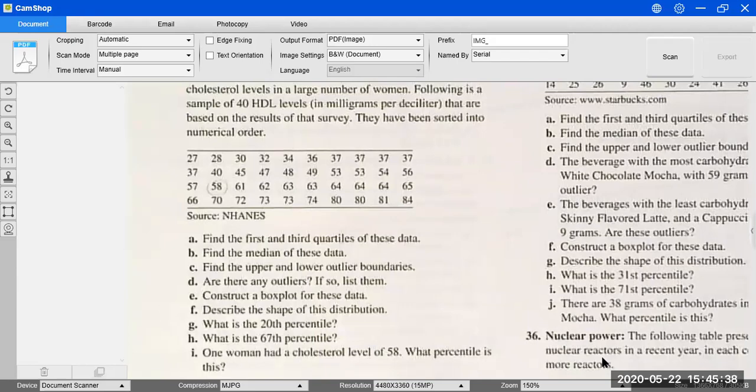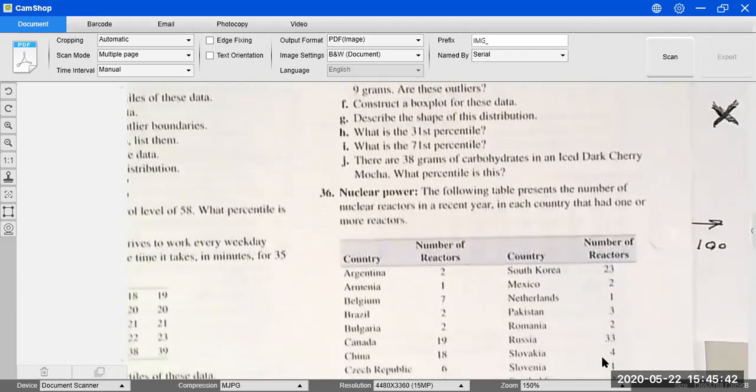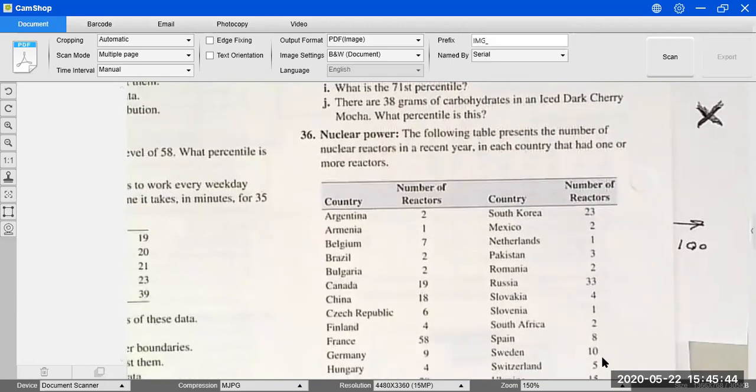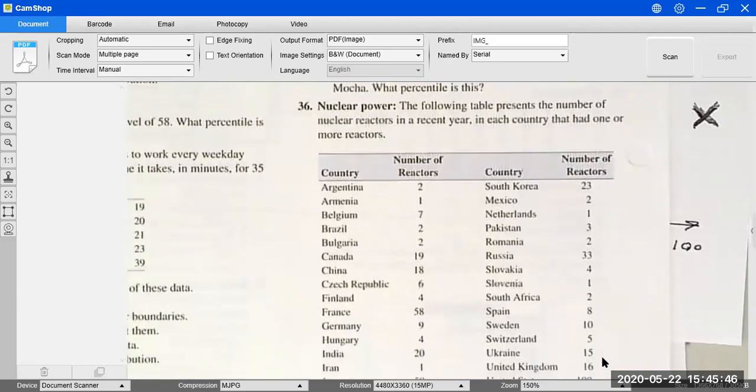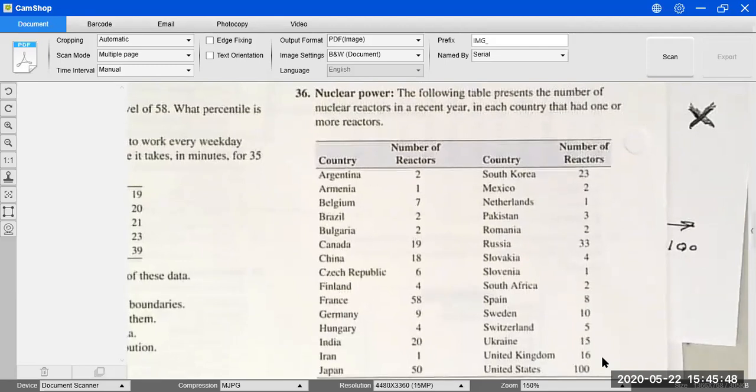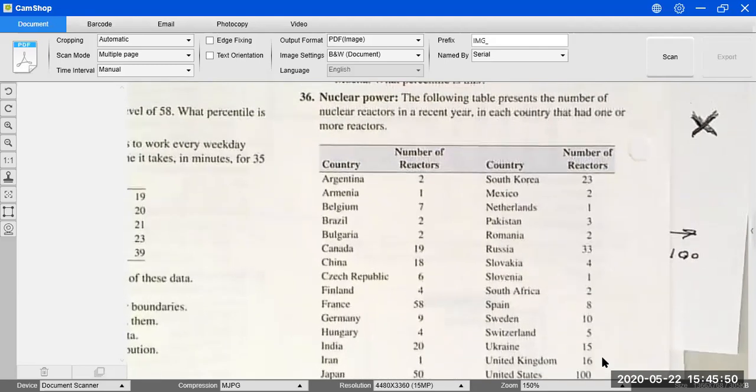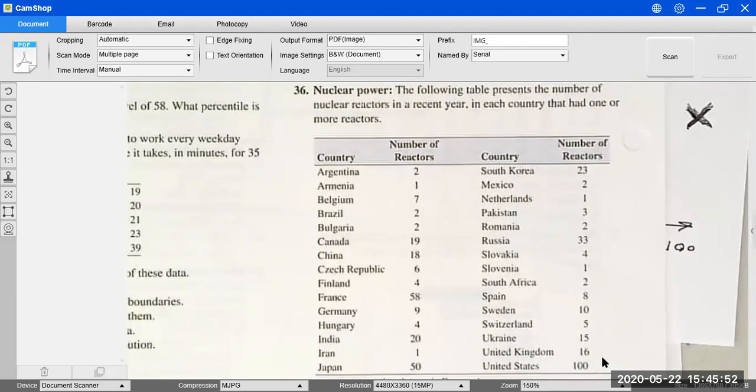So that's problem 32. Problem 36 is here. It's about nuclear power plants or reactors. So it's a table presenting nuclear reactors in a recent year per country. So you're going to need this table. You need to order the values on the second and the fourth column, number of reactors.